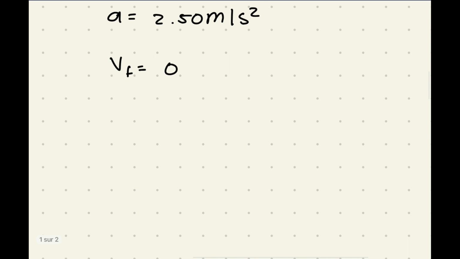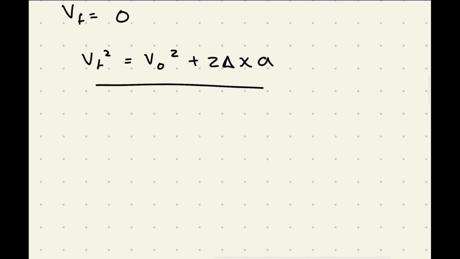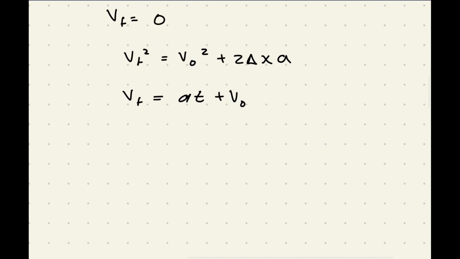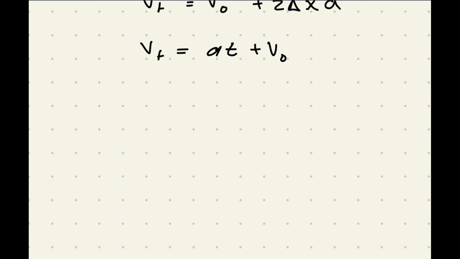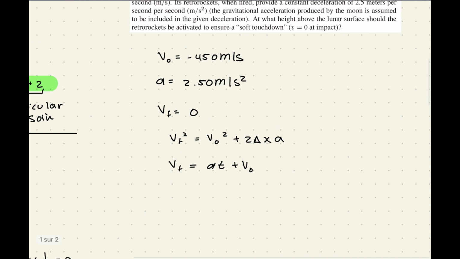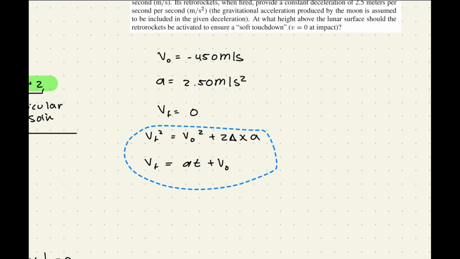We will have Vf squared equals V naught squared plus 2 delta x a. This right here is one of the kinematic equations, and we will bring another one in, which states Vf equals at plus V naught. Now that we have this information right here, we can plug in our values.